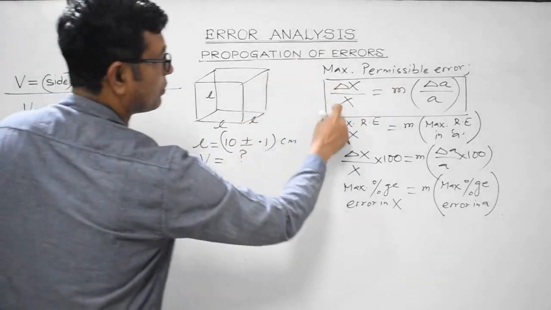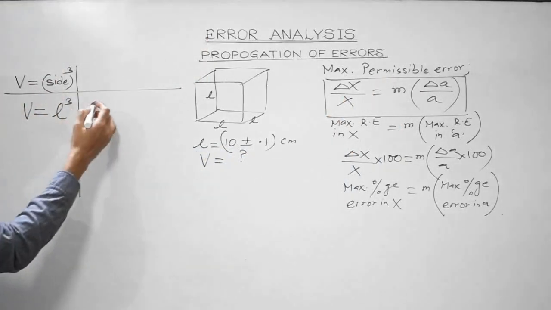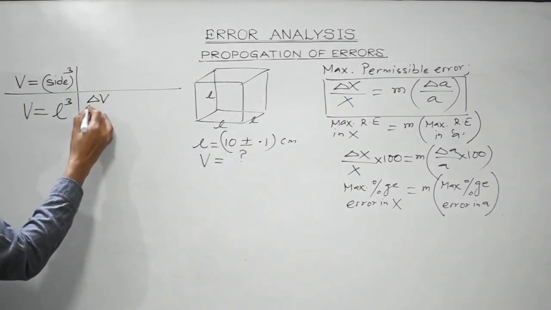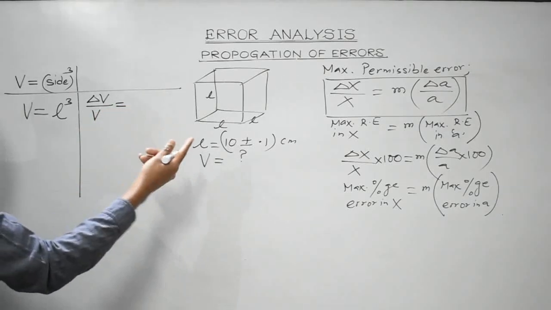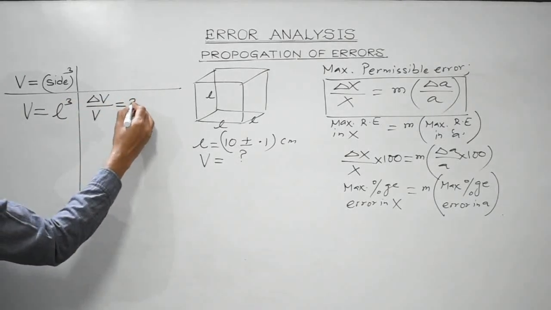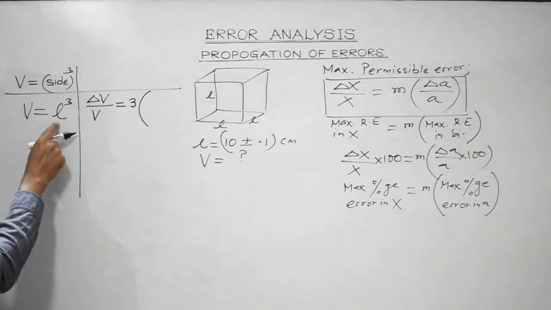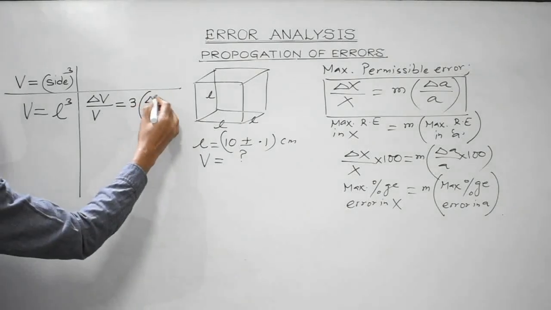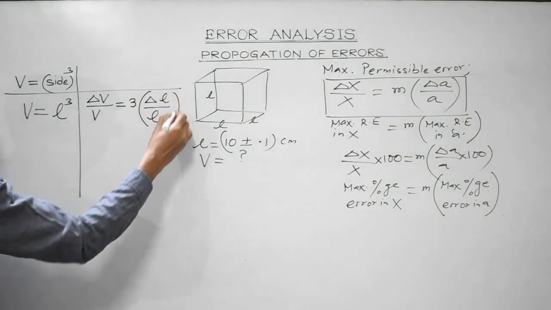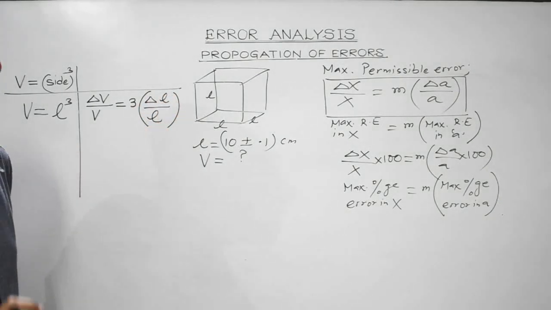So how does the error get propagated? Maximum relative error in the volume would be equal to power times, the power is 3, so 3 times the maximum relative error in the measured value, which in this case is length. So it would be del L by L. Clear, students? It's very simple.